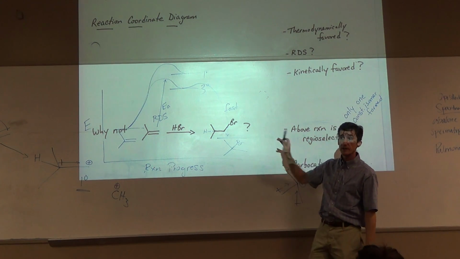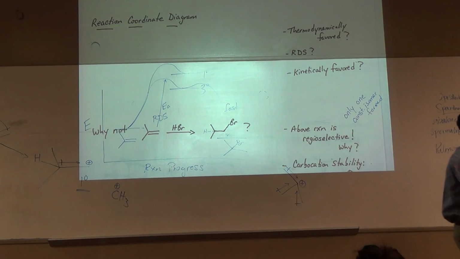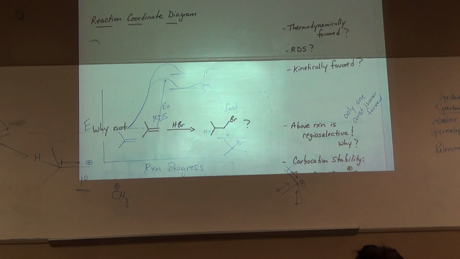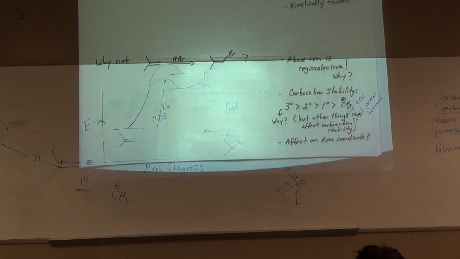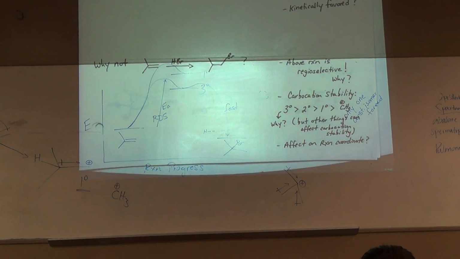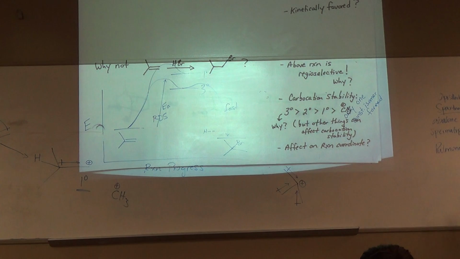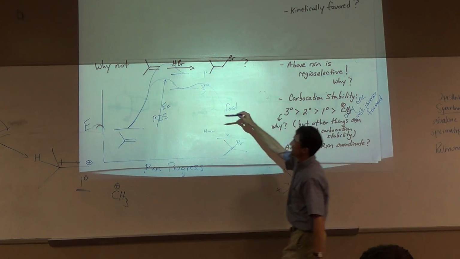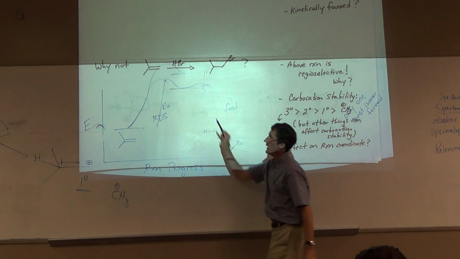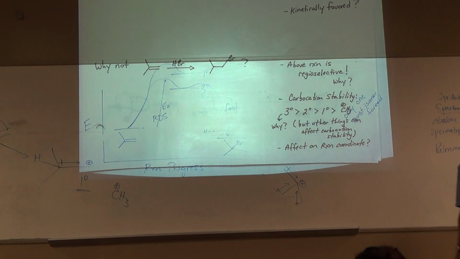Regioisomers are just a specific type of constitutional isomer. Here's your carbocation stability. We talked about the effect on the reaction coordinate when I put this one higher. And so that's the way the reaction is going to go.